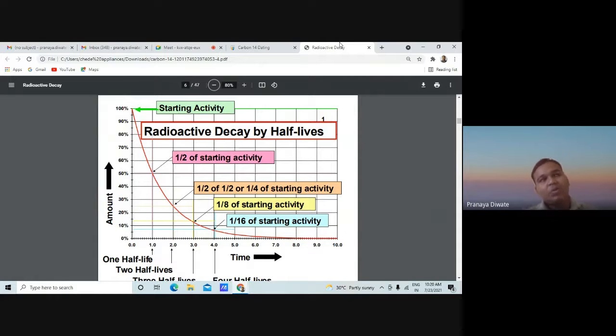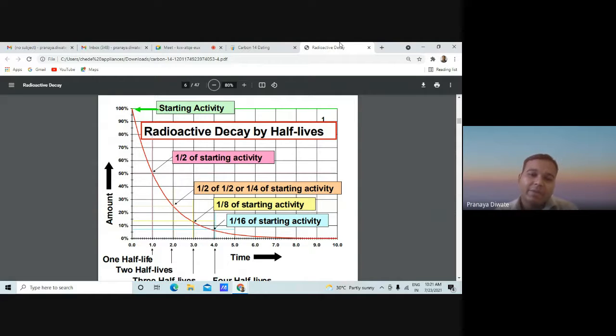Then if you have 2 grams of carbon, it is converted to nitrogen. So 2 grams of carbon is converted to 1 gram of carbon. This is known as one half life.